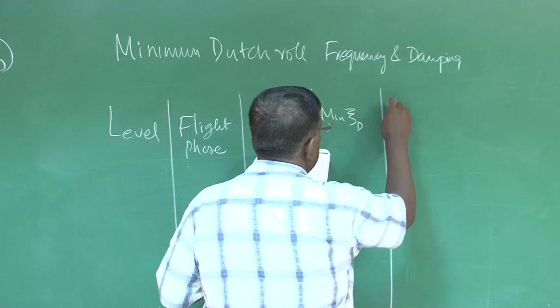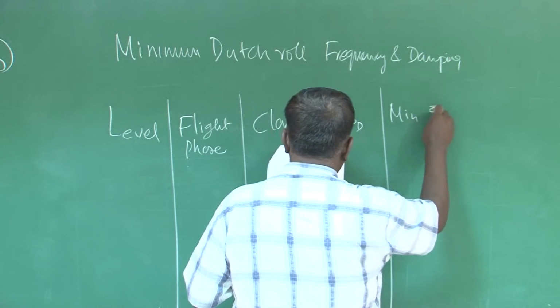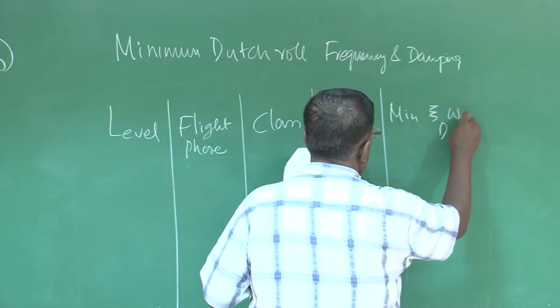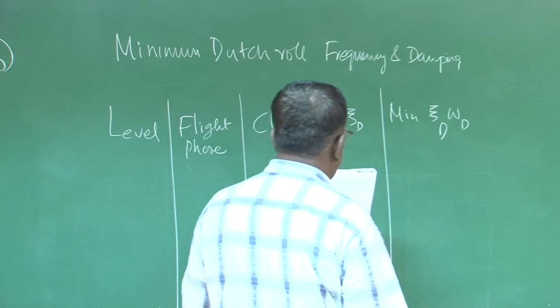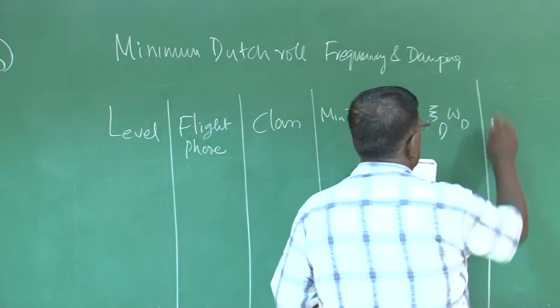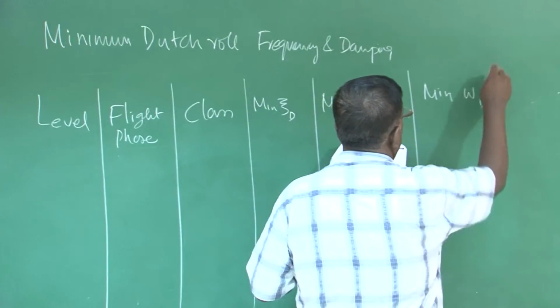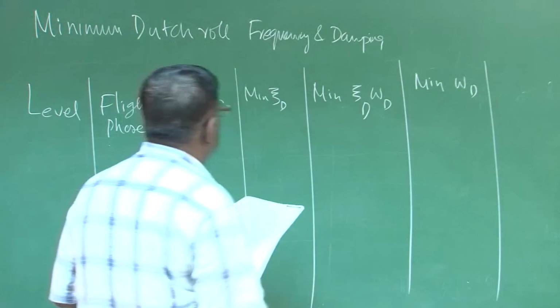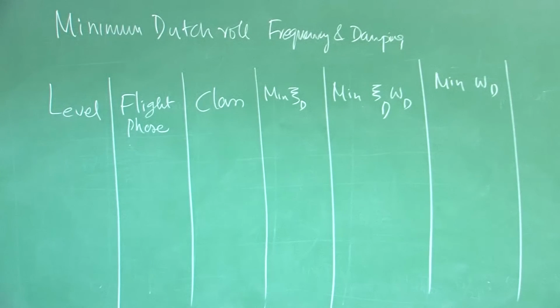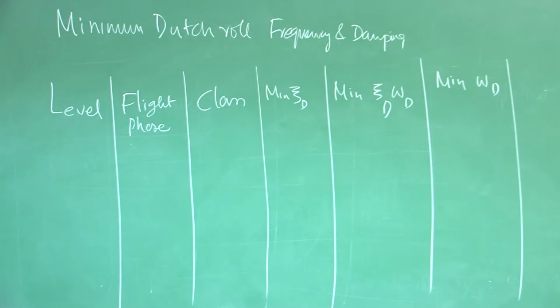This is minimum zeta Dutch roll, omega Dutch roll, natural frequency Dutch roll. Also minimum omega Dutch roll frequency. It is postulated, or the specifications are given like this.